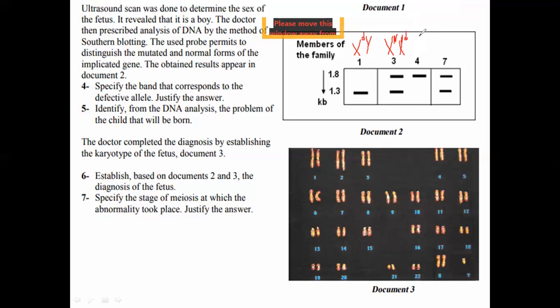Individual 4 is male and normal, so it has X and Y. Individual 7 is the problem here. They said to identify from the DNA analysis the problem of the child that will be born. It has two bands, one for the normal and one for the defective allele, and it's male. So he has two X chromosomes and a Y.